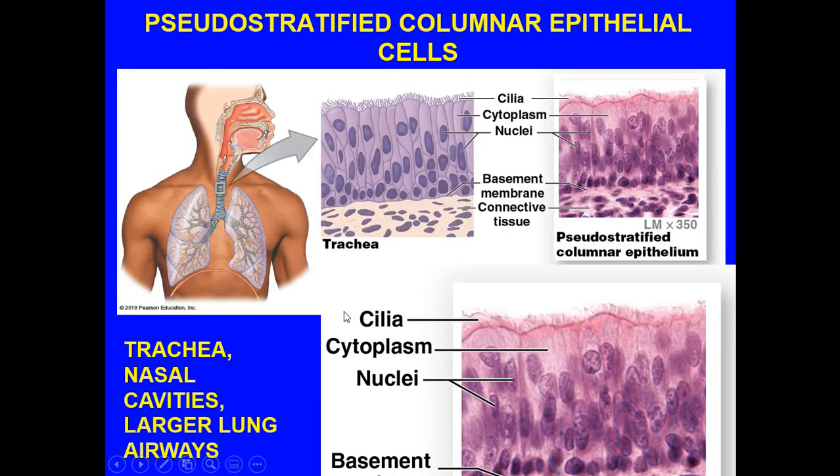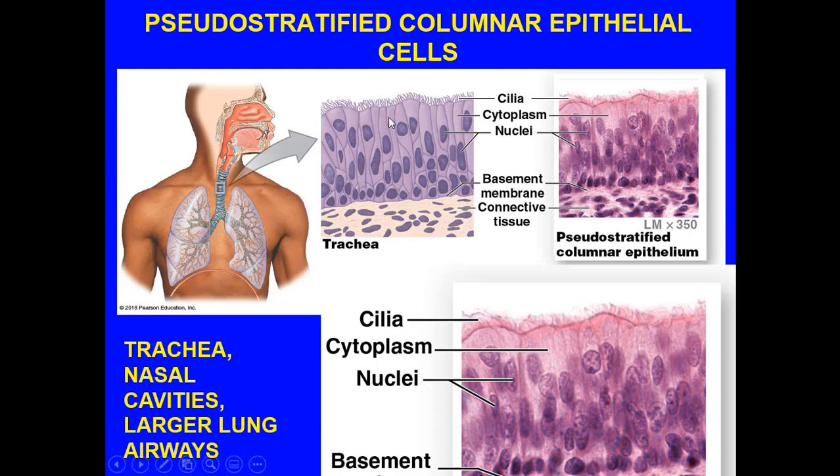But when you go into the trachea, nasal cavities, larger lung airways, you have the appearance of pseudostratified. Now, if you look at this just from the angle, this appears as if there's just cells on top of cells on top of cells, but it's not. If you follow any of these extensions, they're twisted and jumbled around in a certain way.